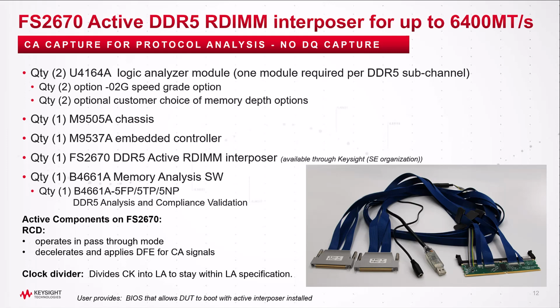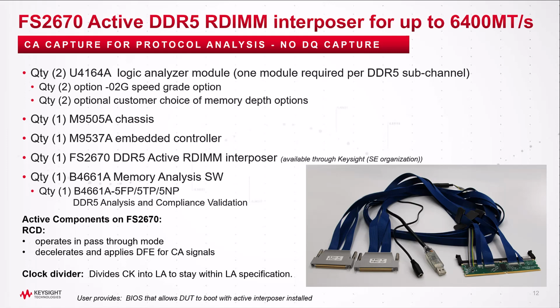You'll want an M9505A chassis, the M9537A embedded controller, and the FS2670 DDR5 active RDIMM interposer, along with the B4661A memory analysis software and licensed DDR5 analysis and validation option.